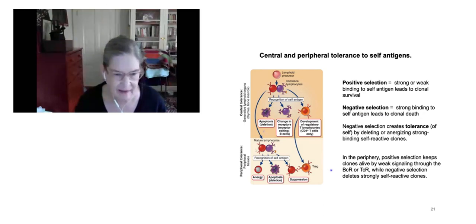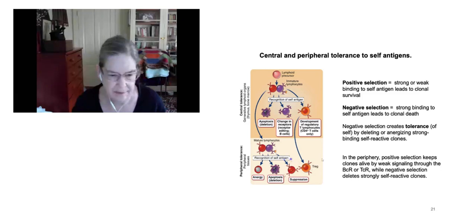So you end up with mature B cells that then go into the periphery, and they're kept alive by very, very weak self-signaling. And if they see anything that they bind tightly to, they'll die. If they're not getting any kind of positive signal, they'll die.